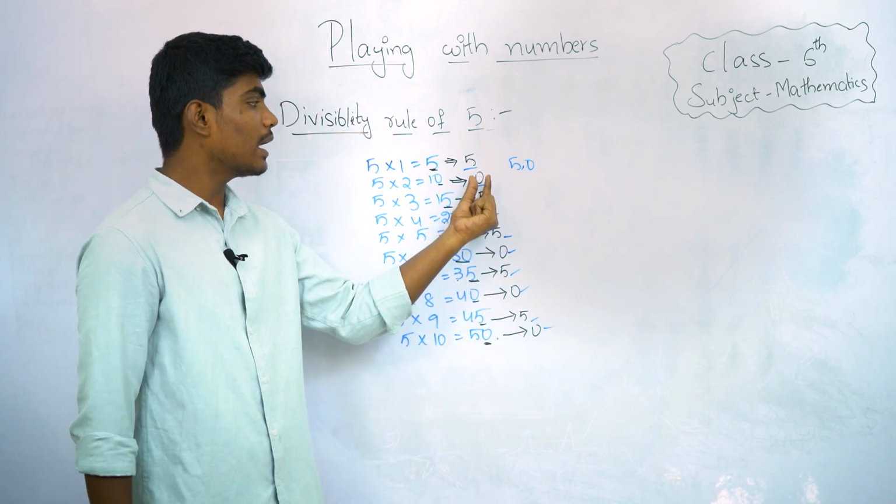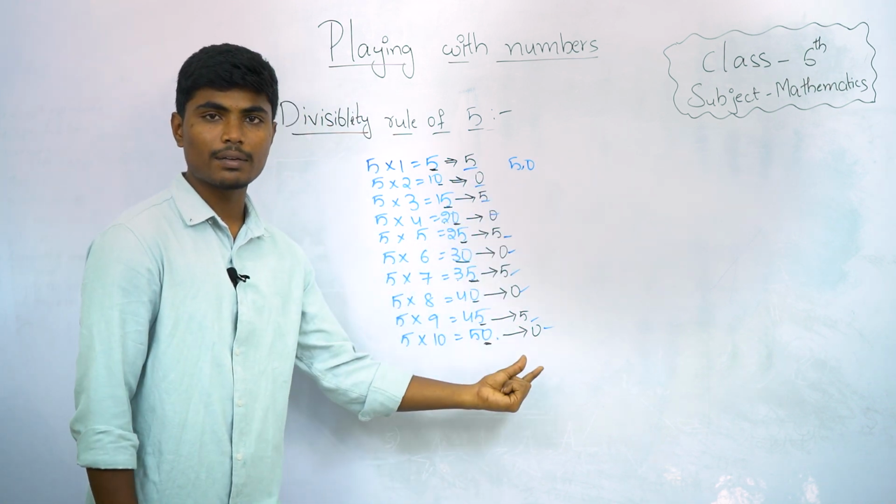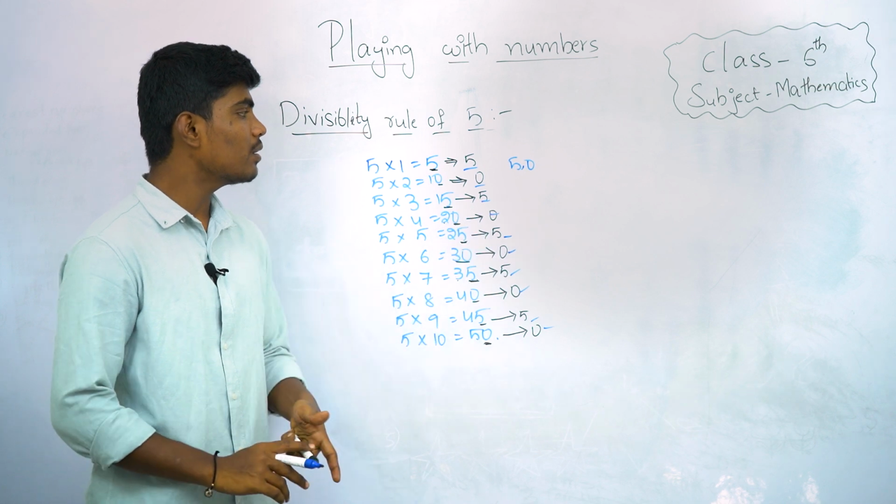The digits 5 and 0 are repeating. So by this what can we conclude?